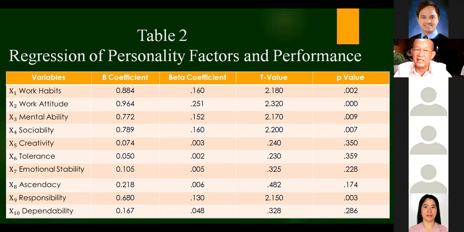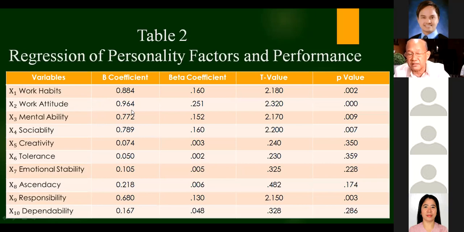If the work habits of the teacher increase by 5 scale points, you multiply this by 5, and that is the amount of effect that you can predict. Work attitude recorded a B coefficient of 0.96.